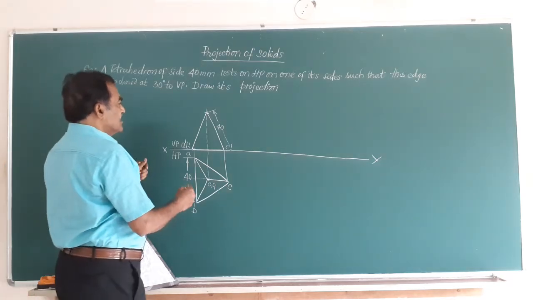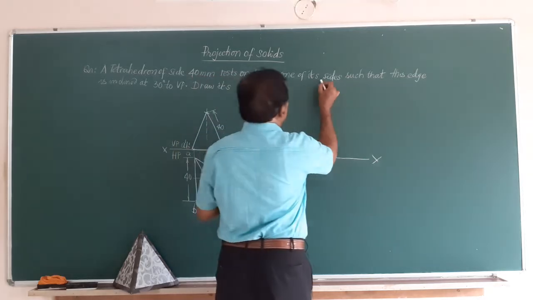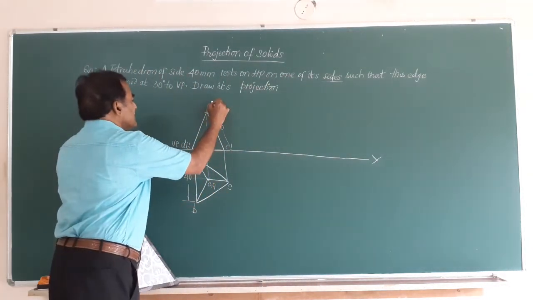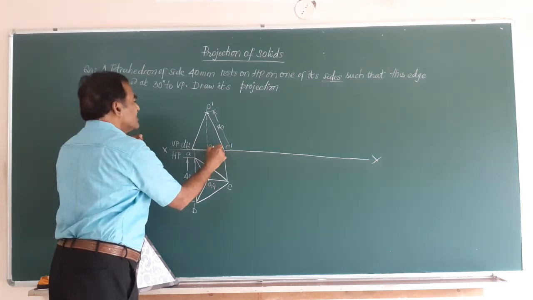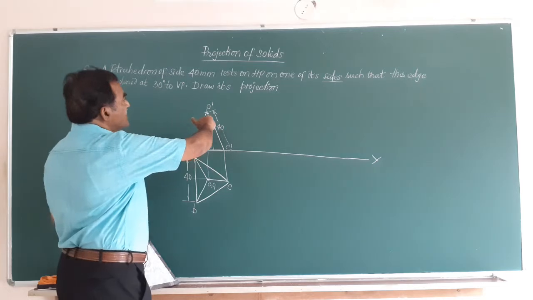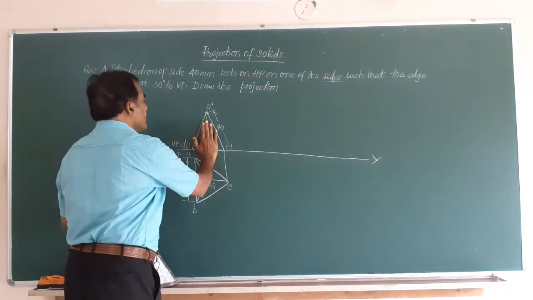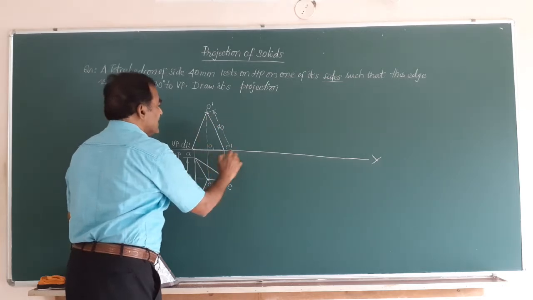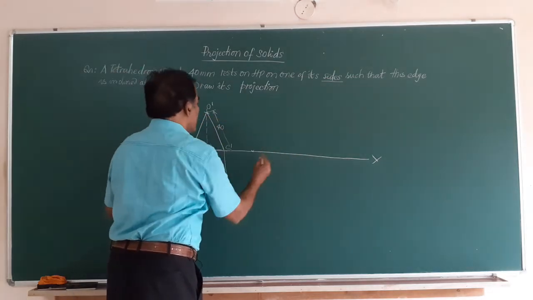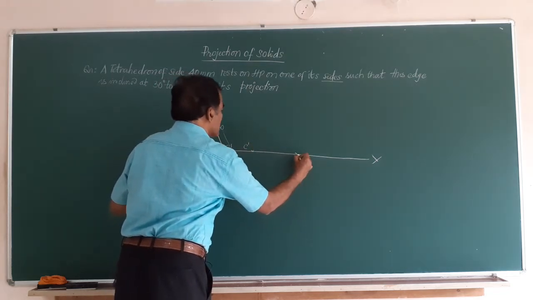And friends, now he says in the question, it is resting on one of its sides. Friends, here in the front view, this O dash C dash represents one of the edges of the tetrahedron that has to rest on the HP. So, I redraw this figure such that O dash C dash rests on this XY line. So, friends, I will just rotate like this. So, C dash will be here and O dash will come somewhere here.